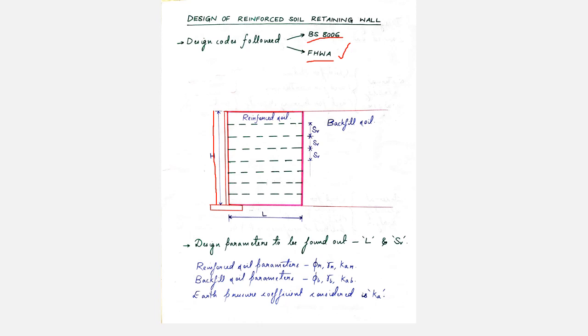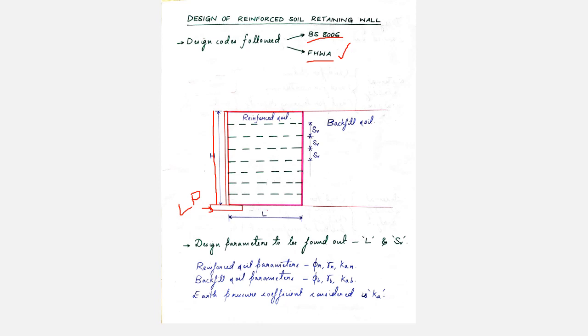So H is the total height of the retaining wall measured from the top of the leveling pad. This is the leveling pad. From the top of the leveling pad to the top of the backfill soil measures the total height of the reinforced soil retaining wall.